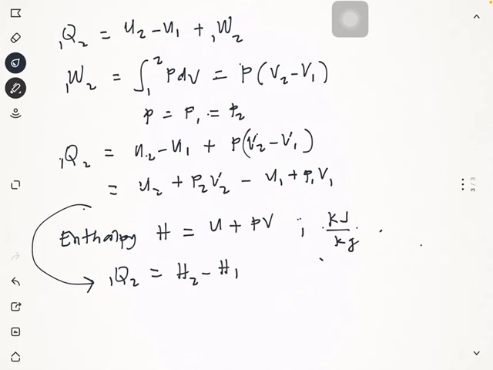In English units, this is BTU per pound. Okay, so also, in the container we have the mixture of liquid and vapor. We have the vapor and this one is the liquid.